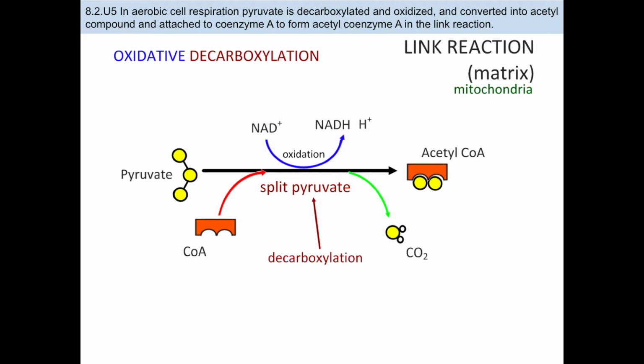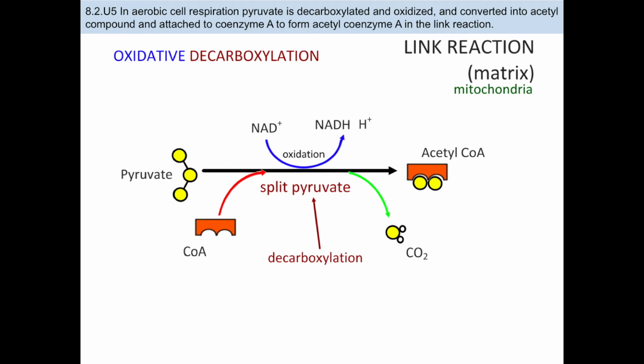Children, this is called a link reaction. Where does this happen? Matrix. Remember where the matrix is? Okay. So pyruvate was initially in the cytoplasm. It will enter the mitochondria, go inside the matrix. This is why the matrix matters, because that's where the enzymes are present.